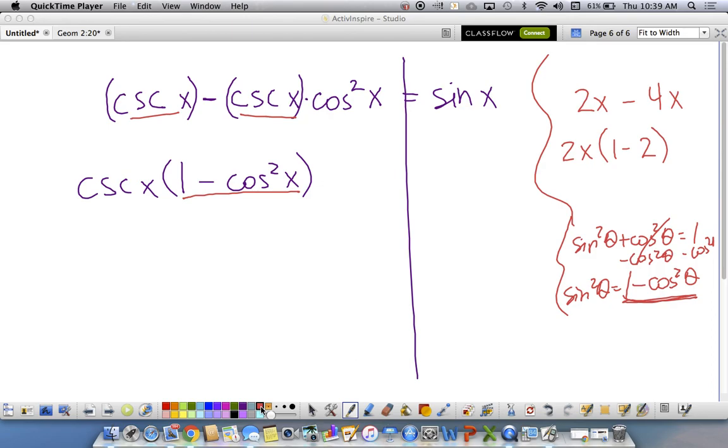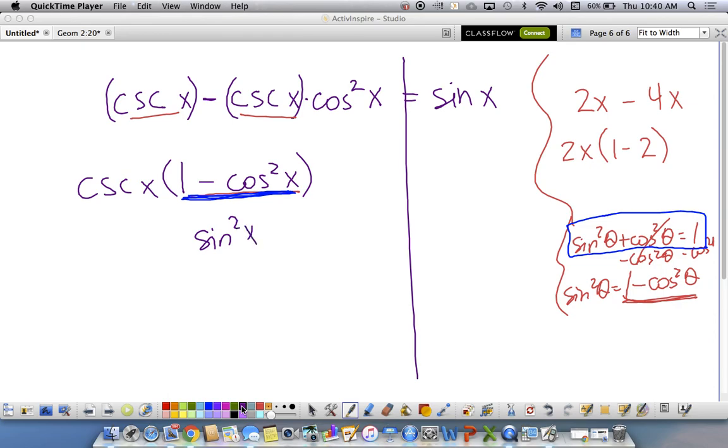This is an identity. We started with a Pythagorean identity that's on the back of your plate. But the sine on the right isn't squared. We are not looking at the right side of the board at all, only right here. I'm just rewriting one thing. This underlined part, 1 minus cosine squared, equals sine squared x.